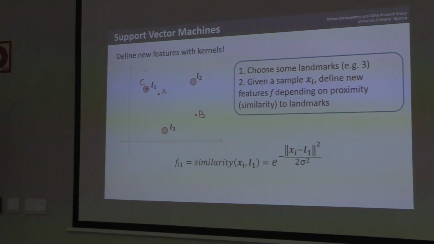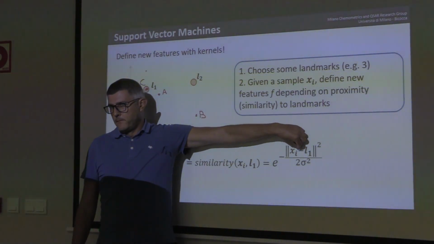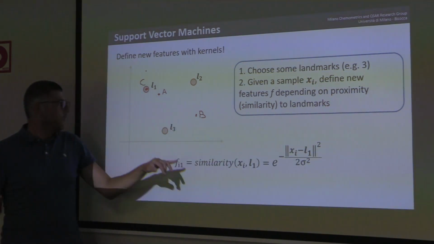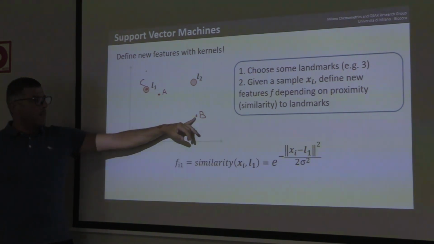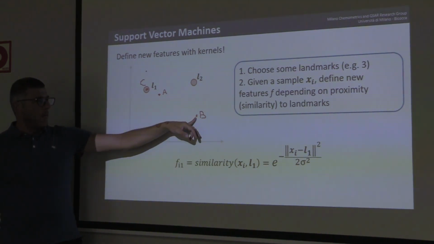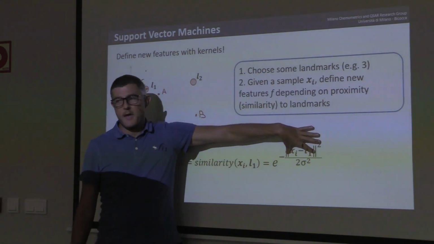You said 1? Yes, because this term is 0, and so this will be 1. While this other sample will have a lower similarity, because this term will be higher.